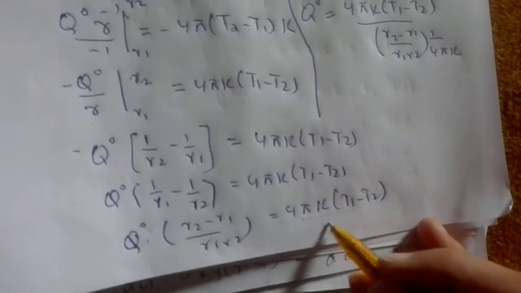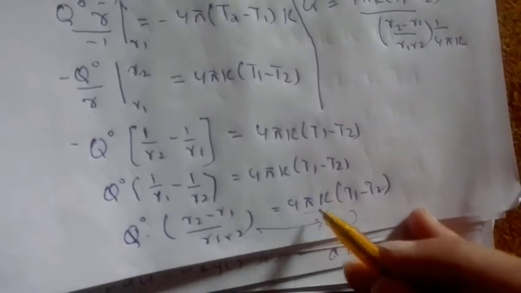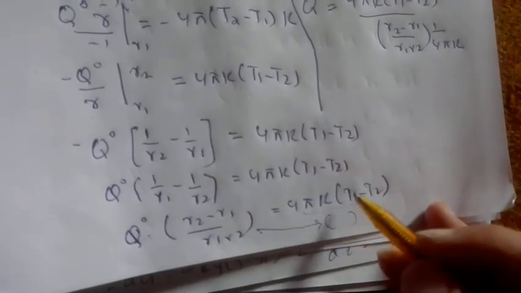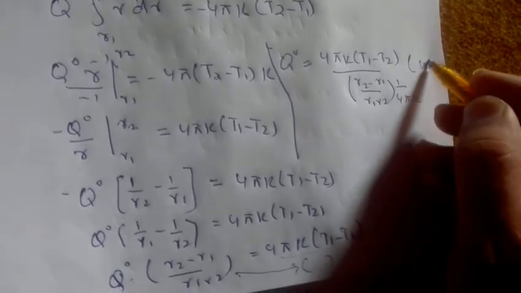This whole term comes to the denominator, and q dot is equal to 4 pi k (T1 minus T2) divided by this whole term. It is the heat rate, and its unit is watt.